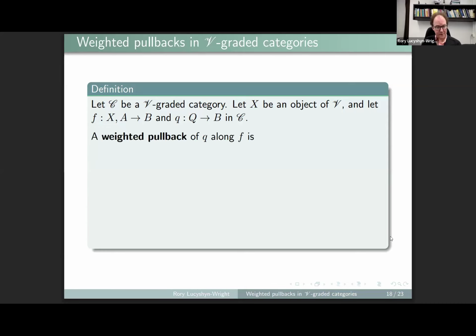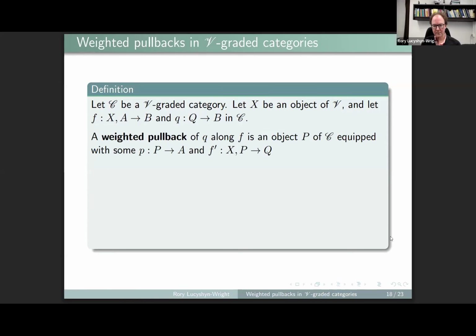Then a weighted pullback of this ordinary morphism Q along the graded morphism F is an object P of C, mimicking what we had earlier, equipped with some morphism p from P down to A, and a graded morphism F prime of this form, making the envelope diagram that we're drawing here commute. And this looks just like the diagram we had earlier, but now this is for a V-graded category, and the diagram lives in the enveloping actegory.